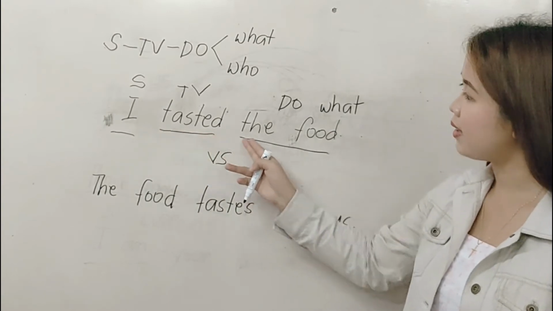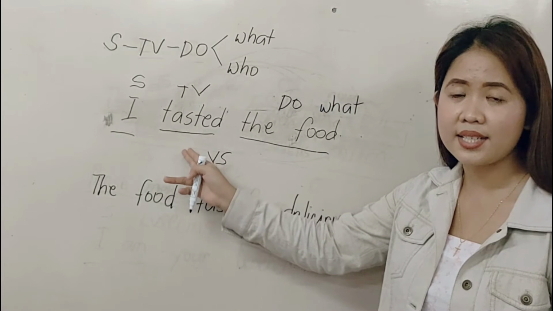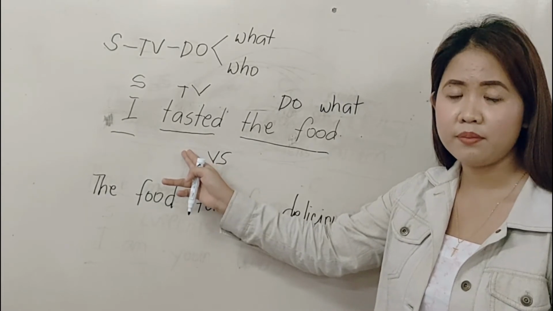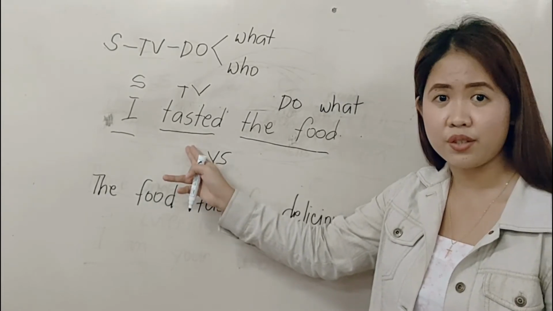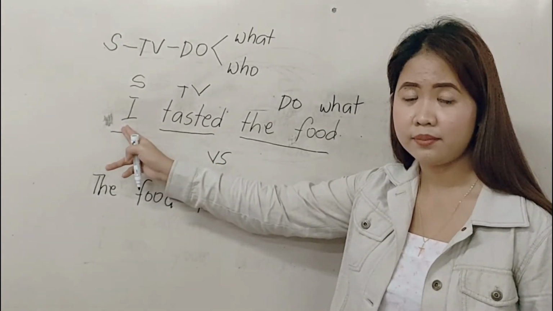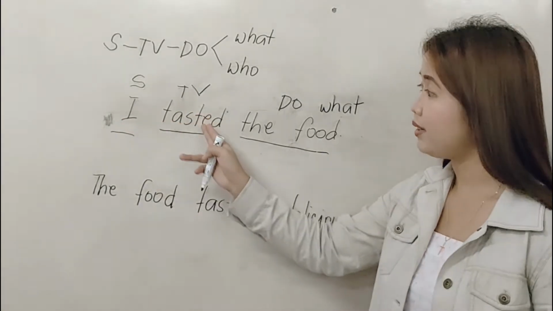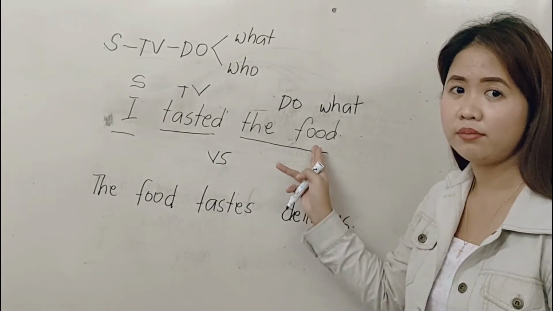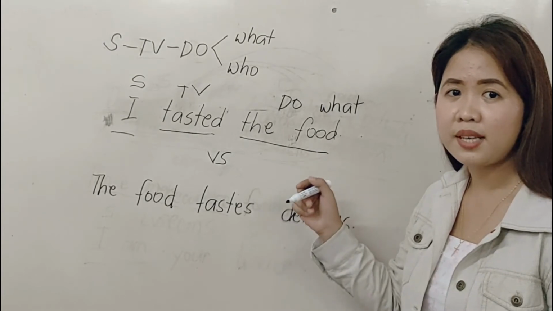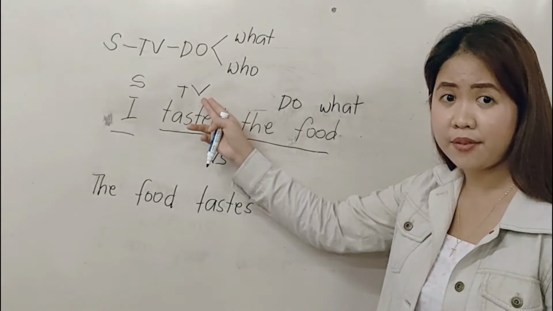I tasted the food. Tasted functions here as the transitive verb because it shows an action. Who performed the action? I. And what did I do? I tasted the food. If the verb shows an action, that is considered as a transitive verb.